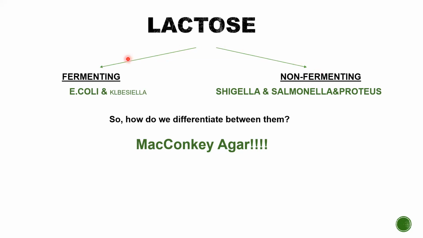The lactose fermenting ones are E. coli and Klebsiella, but you guys did not cover this. It's so sad because this is such a cute bacteria. It's very sticky and it looks really cool on agar. So the fermenting one is E. coli, and non-fermenting are Shigella, Salmonella, and Proteus.